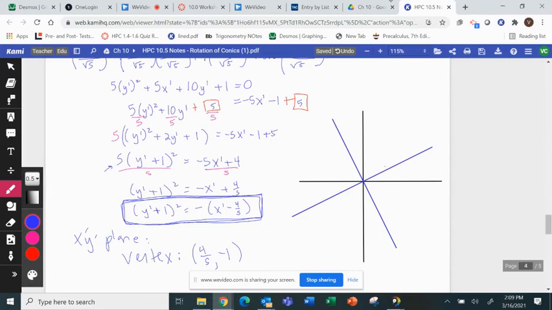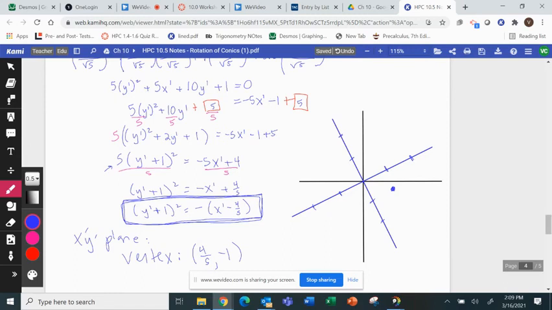So if I have some lines on my x prime, y prime plane, and this is at 4/5 but negative 1, so it's about there.